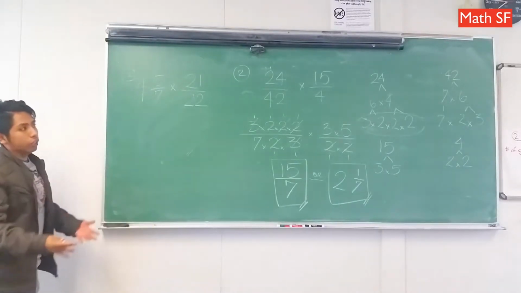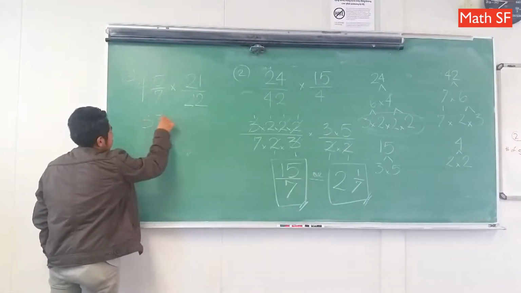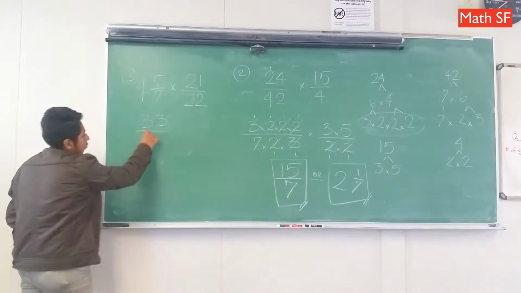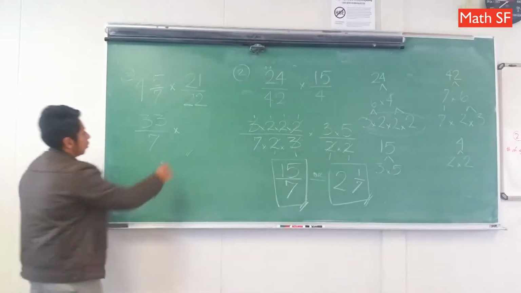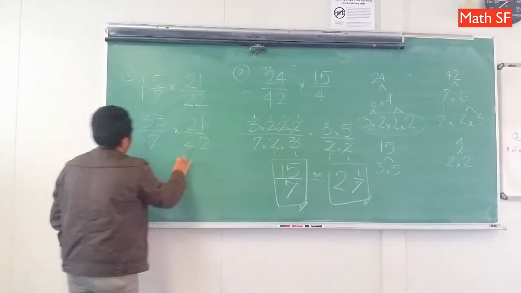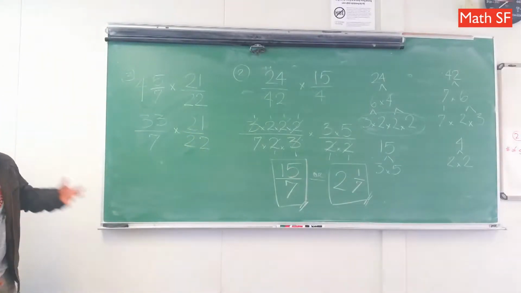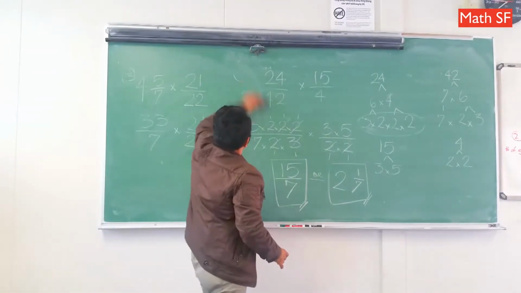7 times 4 is 28. Plus the 5 gives us 33 over 7 times 21 over 22. That's a fraction, so we'll find it. Now we must write each of them as a product of prime numbers. Now we have to do that factorization.